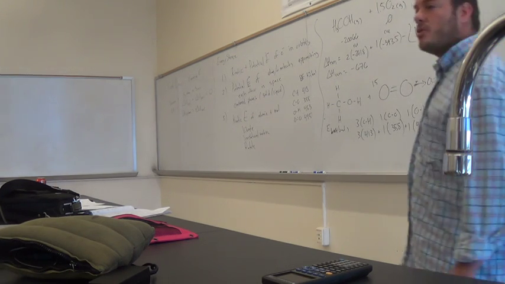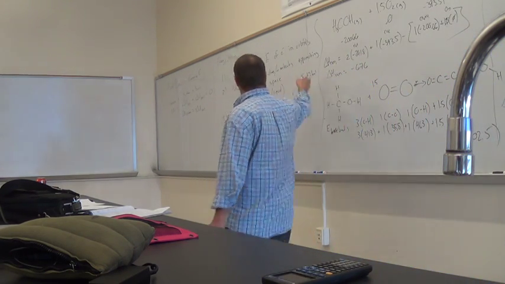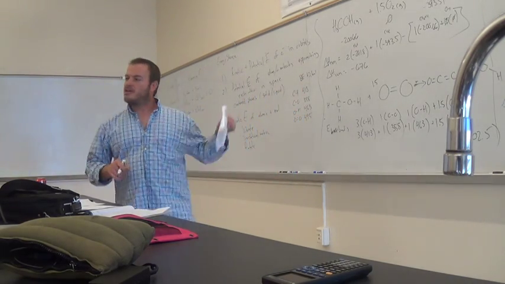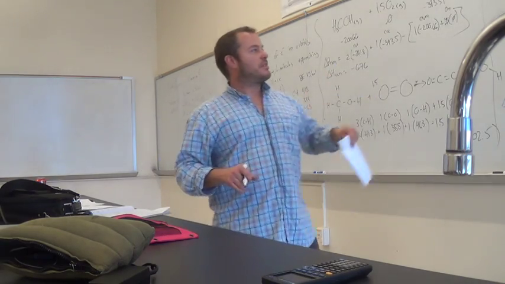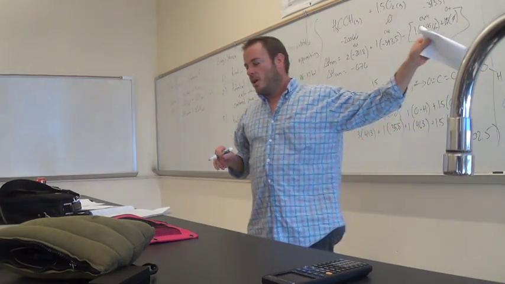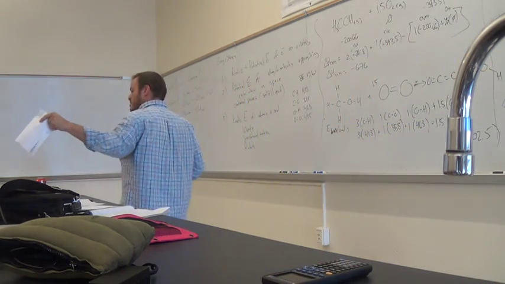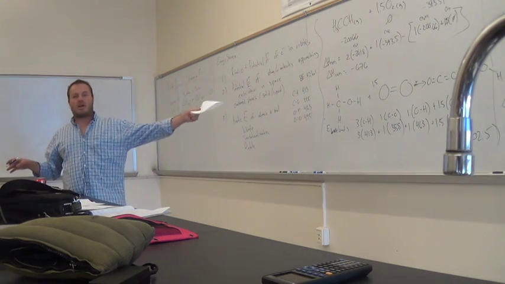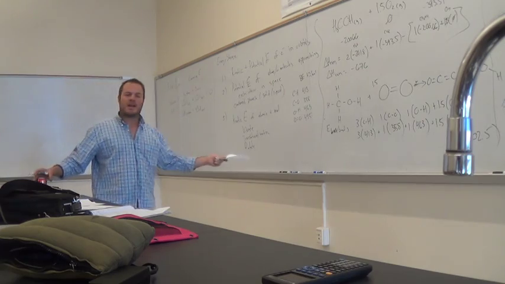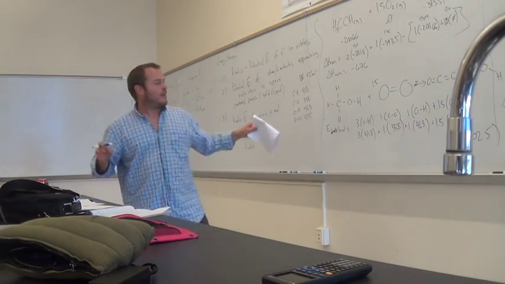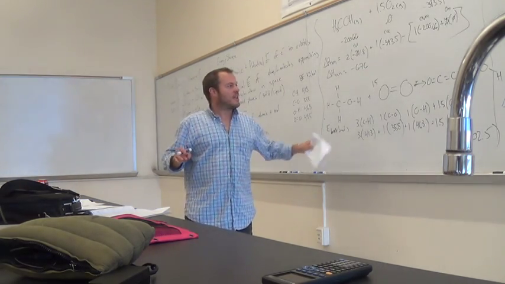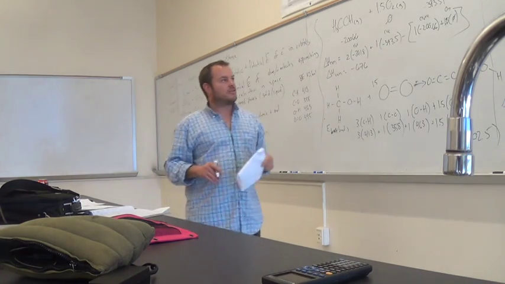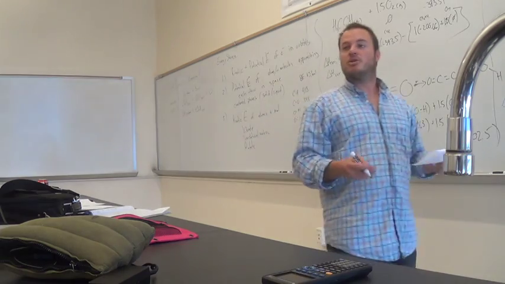Now, something I should mention real quick is that these bond enthalpies I'm using are average bond enthalpies. So they're not the exact bond enthalpies in the reactant and product molecules that we're looking at. They're bond enthalpies that are averaged across many different kinds of carbon-oxygen single bonds or oxygen-hydrogen single bonds. And so we're not going to get the same exact number that we got up here for the delta H of the reaction, but we're going to get a similar number.